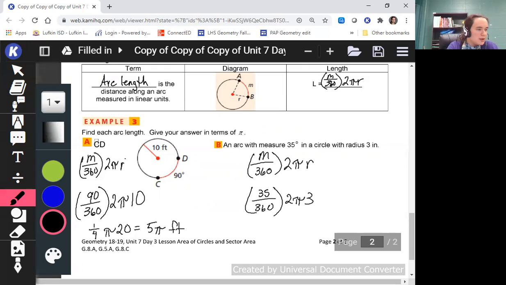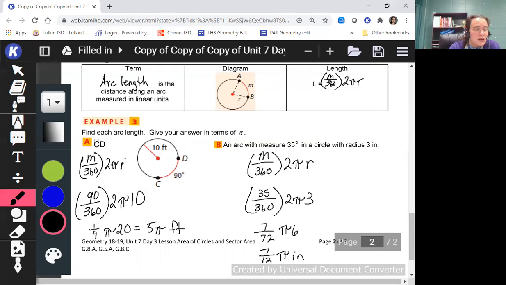So 35 over 360 reduces to 7/72, and 2 times 3 is 6. 7/72 times 6 is 7/12. So we have 7/12 pi inches.